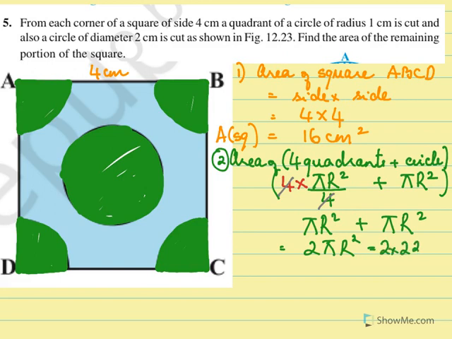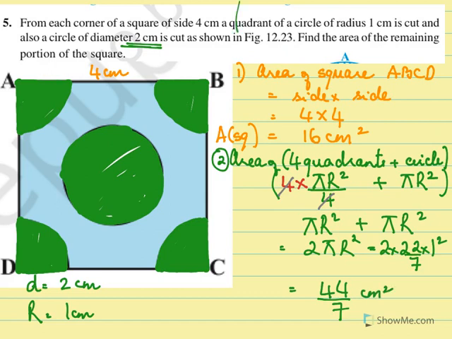So 2 into 22 by 7, and the r is given to us. The diameter is 2 centimeters. So the radius is 1 centimeter. So this is 1 square. So the green area will be 44 by 7. So this is 44 by 7 centimeter square.